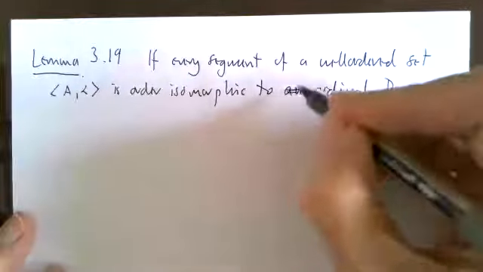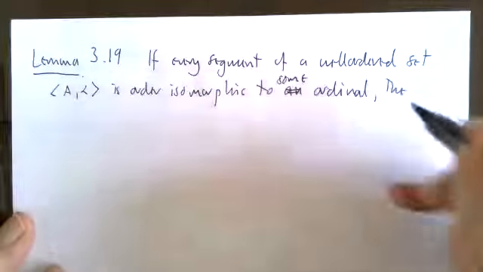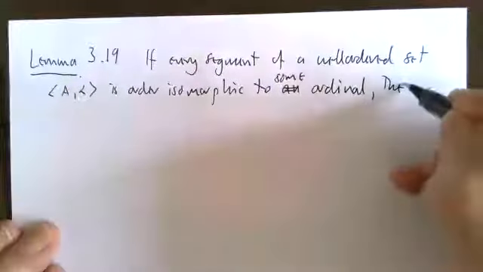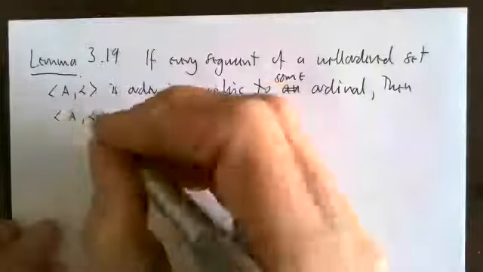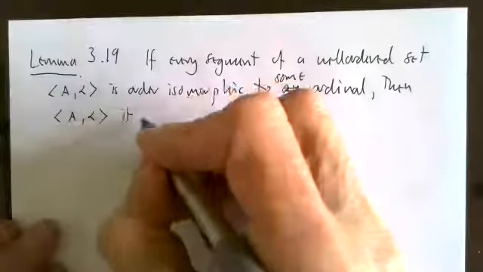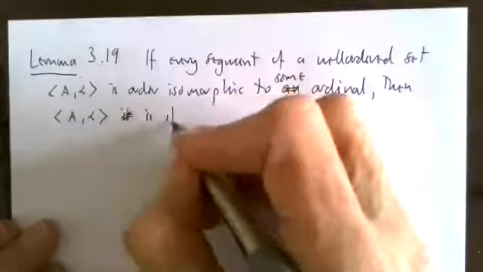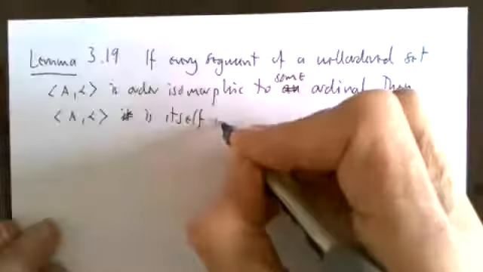So to some ordinal, right? Then the whole thing is itself also order isomorphic to an ordinal.